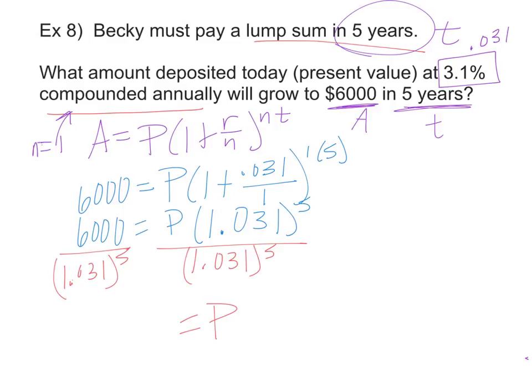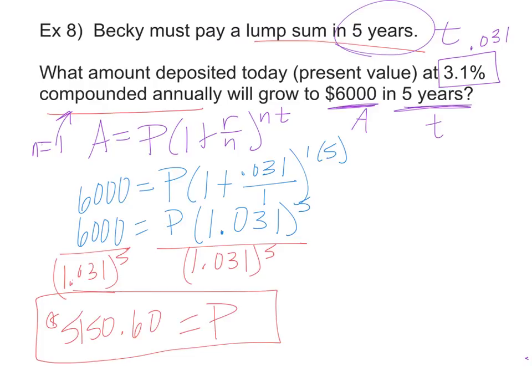We get $5,150.60. So that means I have to come up with $5,150.60 if I'm going to put this in an account that earns 3.1% interest compounded annually, and at the end of those 5 years, I will then have $6,000.